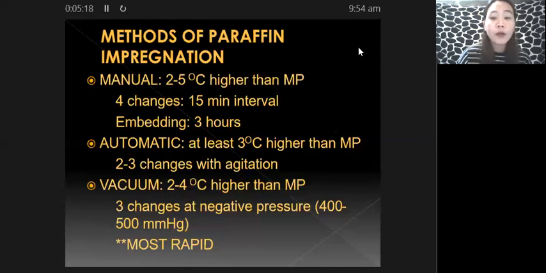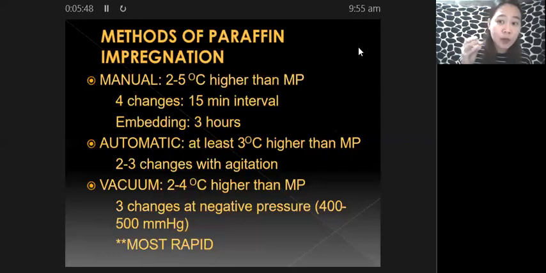For the embedding in your manual procedure, it requires 3 hours of embedding. Why? This is to ensure that the entire block has solidified already. If you do not solidify the entire block, the tendency is that the tissue sample that is supposed to be properly oriented will no longer be properly oriented.